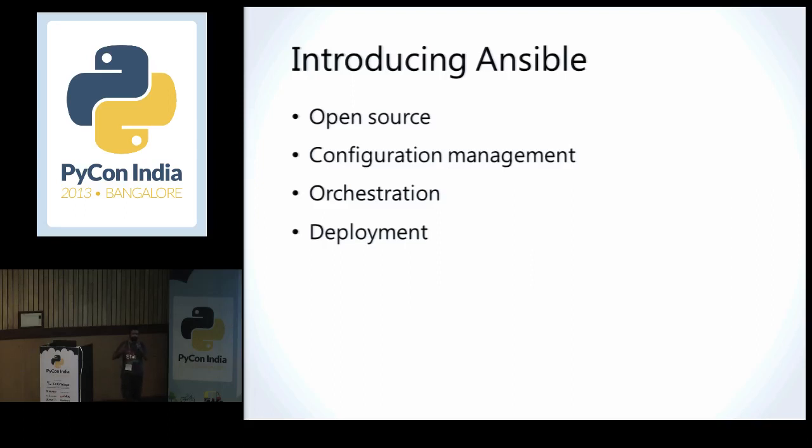Orchestration is how you get to that, how you build up your system, and what kind of things you would do to reach the state where you can start your configuration management. And deployment is basically you have an application which you want to deploy after the setup of your server is done. That's about it.